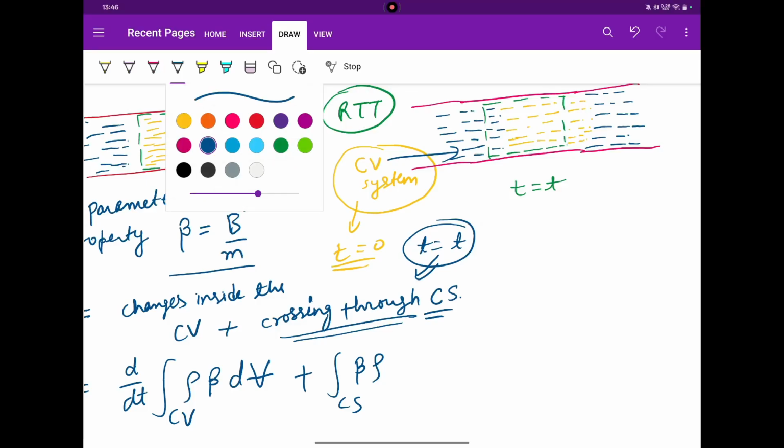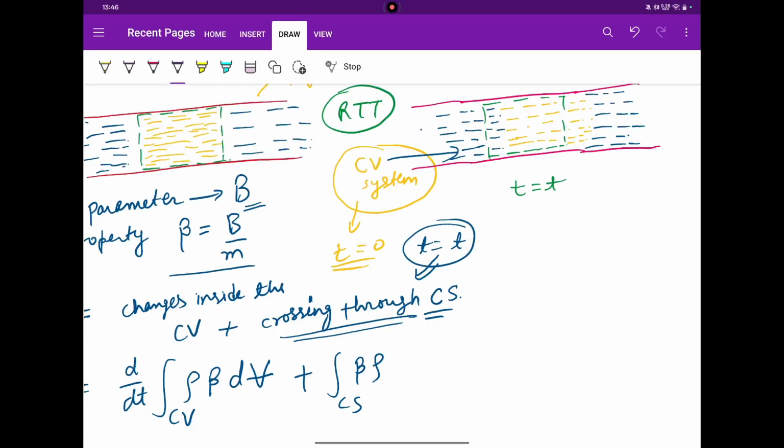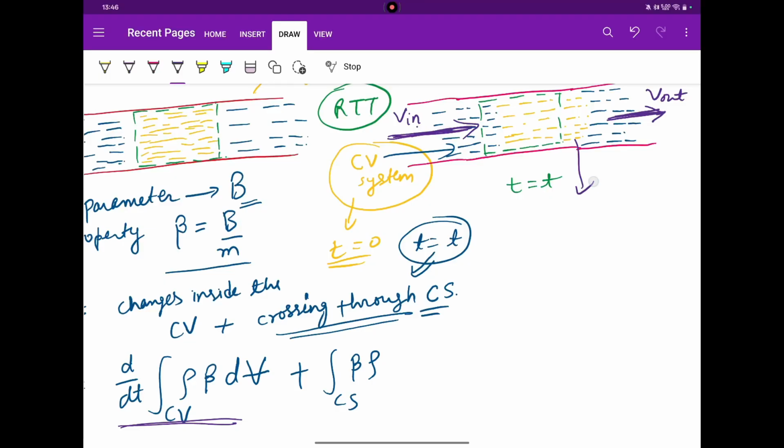So let me say this is v in and this is v out. Okay, so if you want to focus on only the yellow color fluid, what will you consider? You will add to this control volume term, in addition, the yellow color fluid that has crossed, v out into dA.